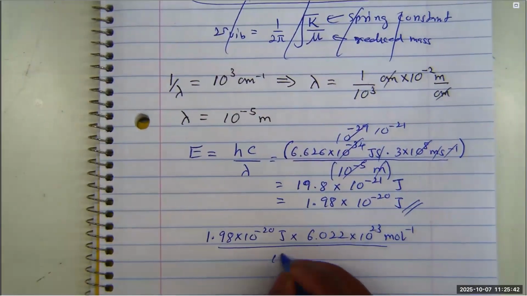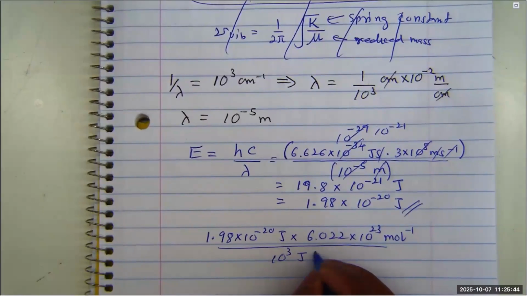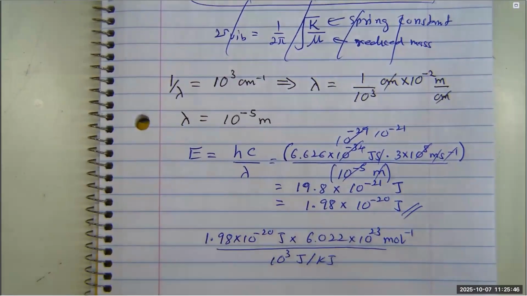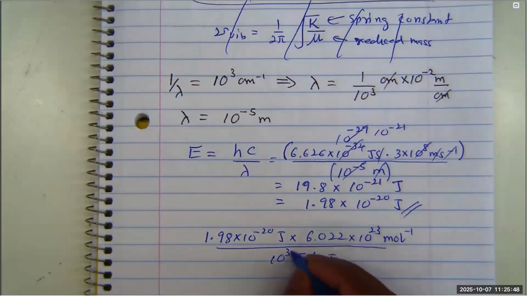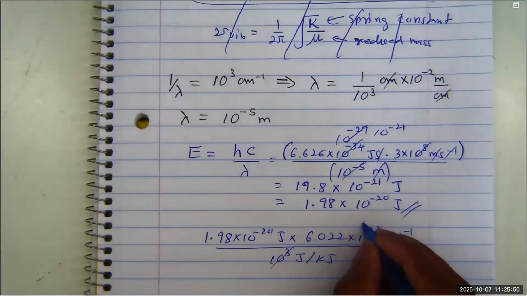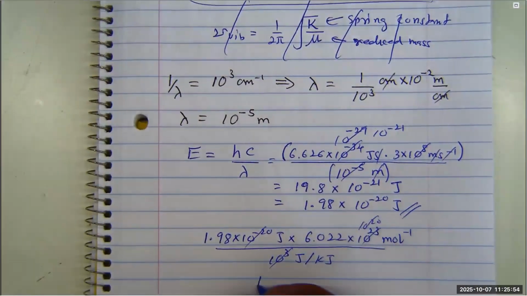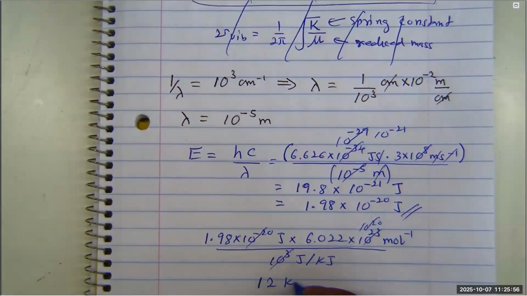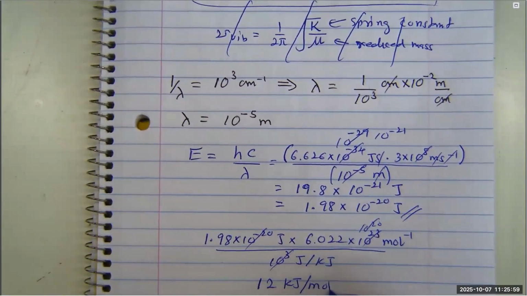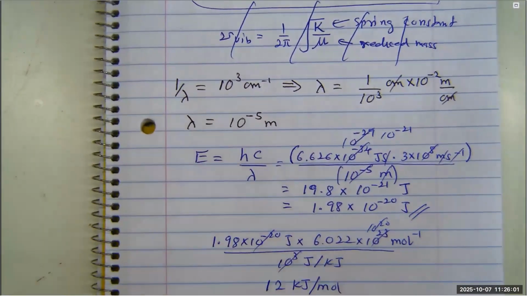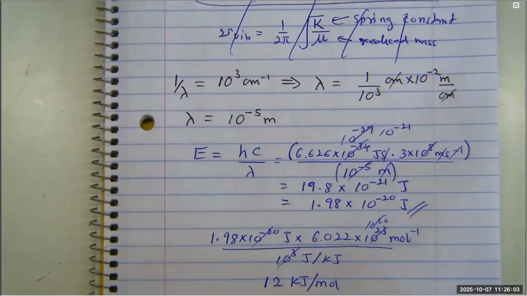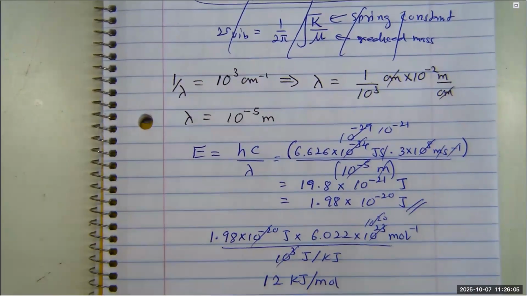And divide this by 1000, which is how many joules we have in a kilojoule. And this 20 cancels out. I'm going to get something like 12 kilojoules per mole as the answer. That's it.